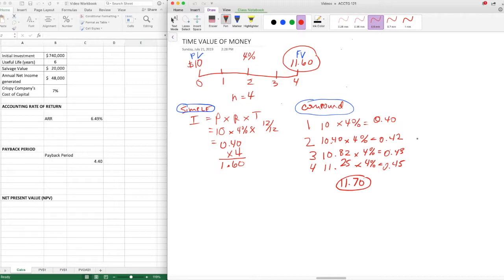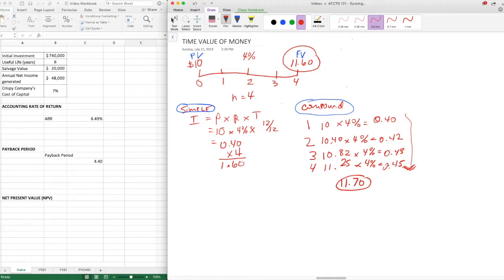As these periods go forward and as time goes by, what's going to happen to the amount of interest that you earn? It's just going to keep going up. 40 cents to 42 to 43 to 45, and so on. Now, these kinds of problems present us with some difficulties if we want to know about amounts that are greater than maybe 3 or 4 periods.